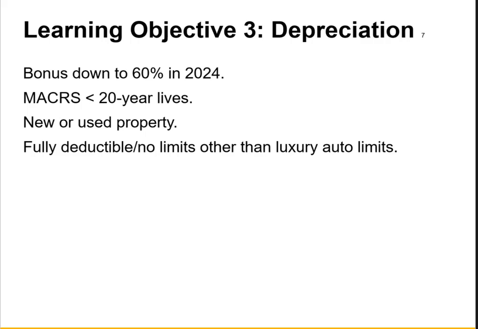So usually this is preferable, except for it's only 60%. And it will go down next year to 40%, then 20%, and go away unless there's a change in the law.